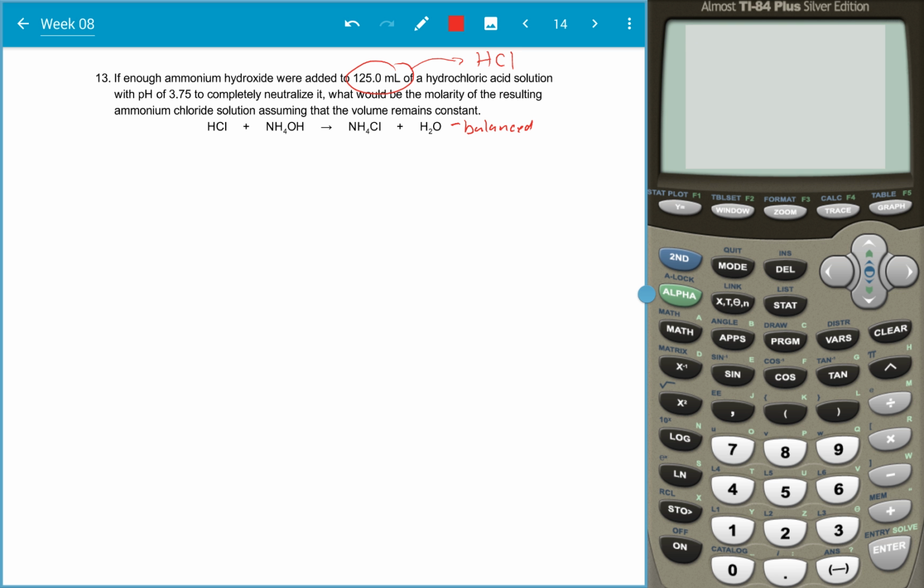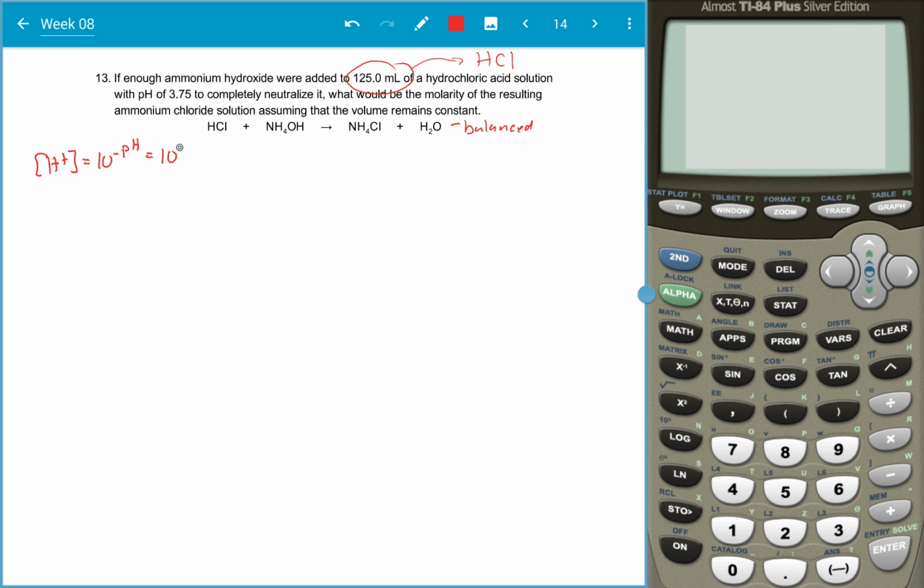So, since we're dealing with an acid, we need to look at converting the pH to a molarity of the hydrogen ion. So that is H plus is 10 to the negative pH.